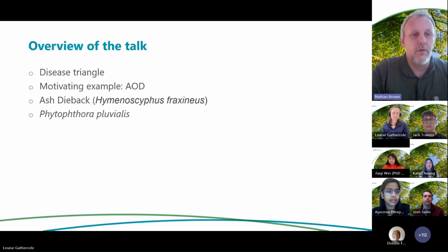So on to an overview of the talk. Firstly, just going to set the scene and talk about the disease triangle, talk about how the environment can interact and affect disease distributions. I'll give some background, which is our motivating example, acute oak decline. This was a previous project we had worked on that has quite strong predisposition links to the environment.